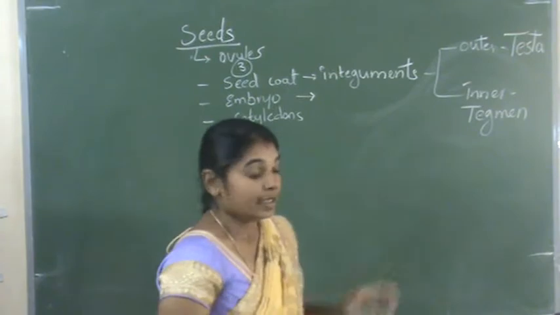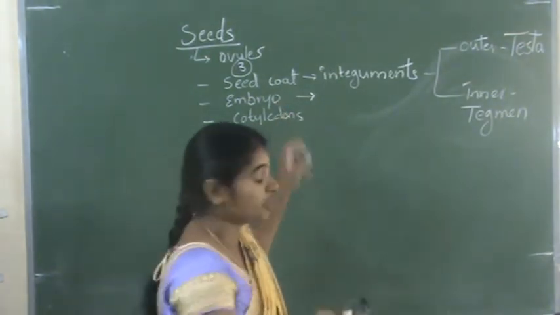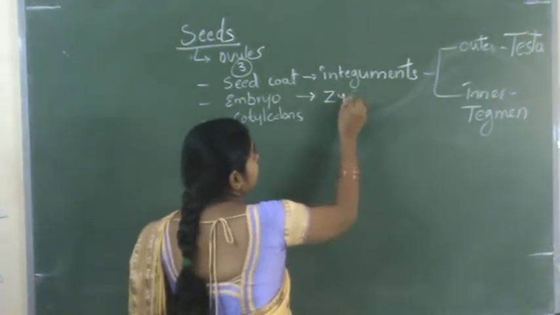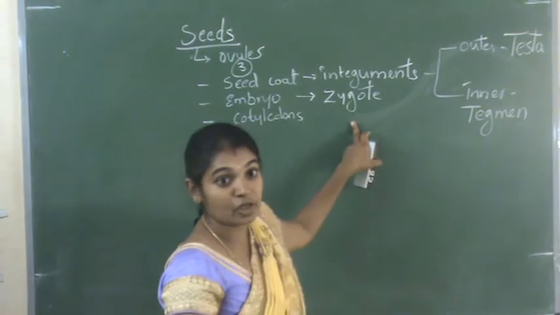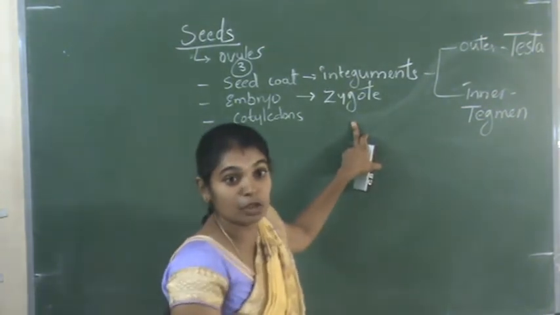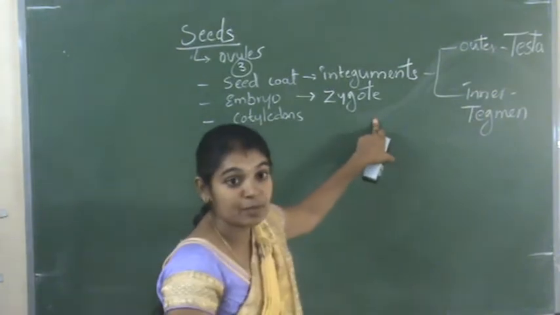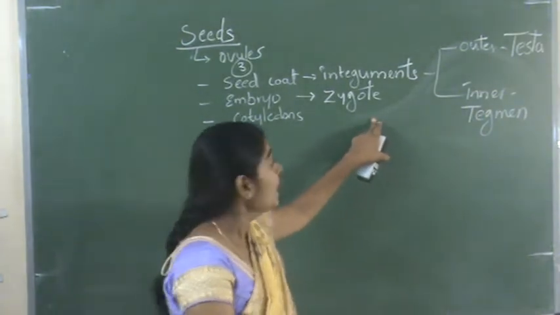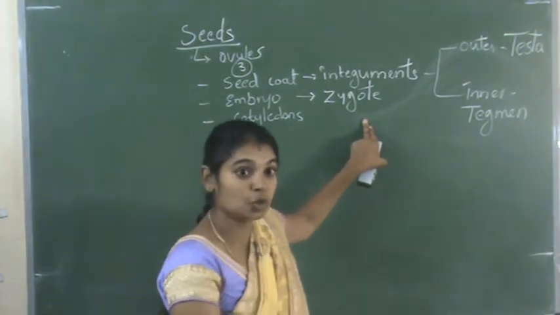And the embryo is developed from the zygote. This embryo consists of the plumule and the radicle. The plumule develops into the shoot system and the radicle develops into the root system.